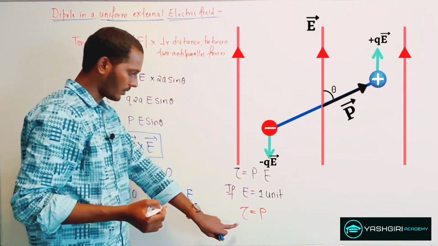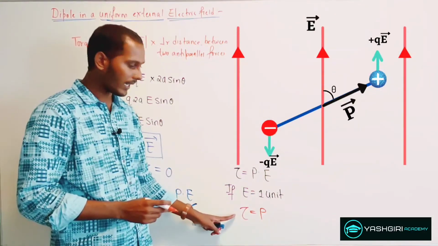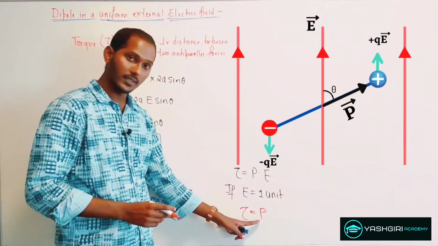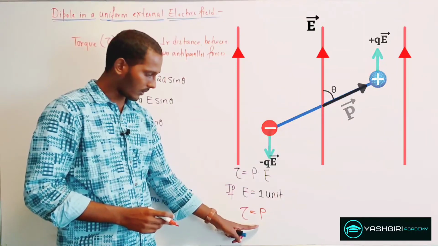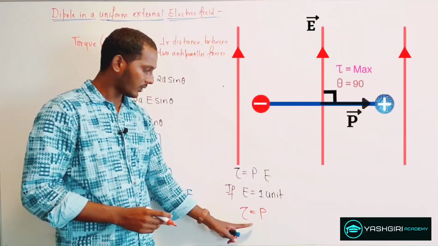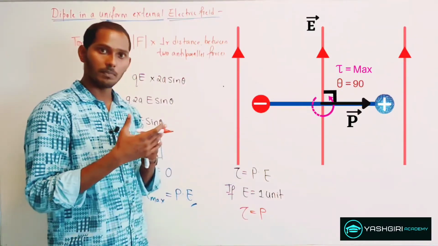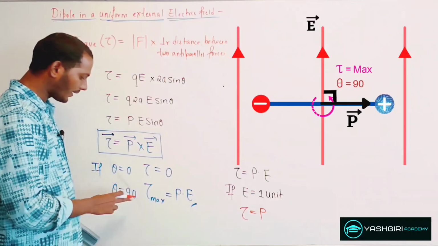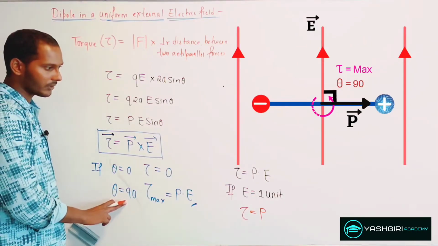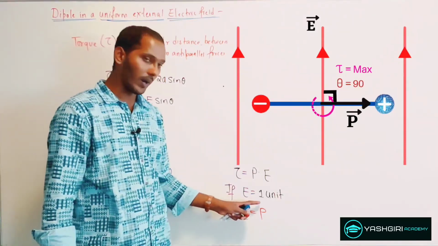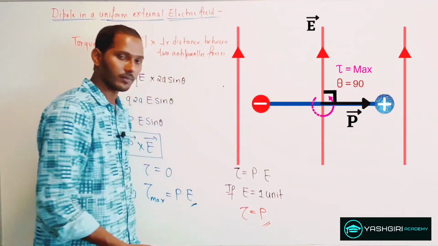So that's the equation. From this relation, I can define what the dipole moment is. A dipole moment may be defined as the torque acting on an electric dipole which is placed exactly perpendicular to a uniform electric field whose strength is equal to 1 unit. So that is how I can define the dipole moment.